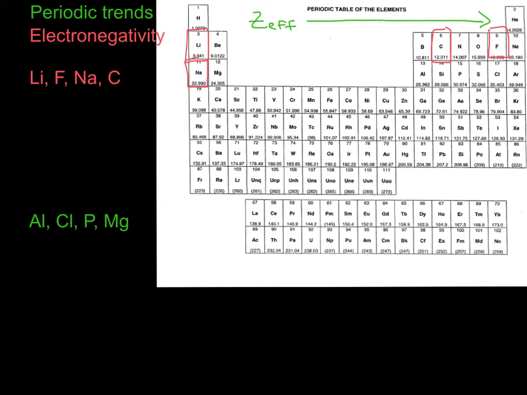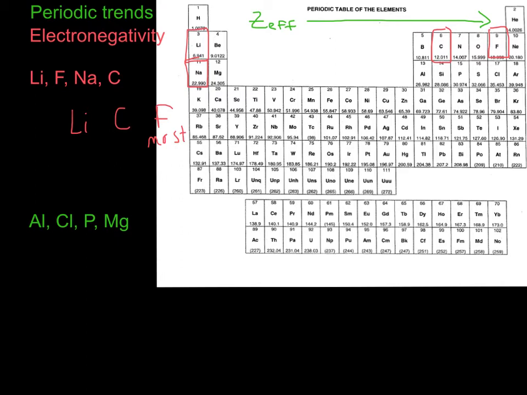All right, so if we rank these from lowest electronegativity to highest electronegativity, then we're going to rank them as lithium, out of these, just the ones in the second period, lithium, carbon, and fluorine. Okay, so this is most, and lithium so far is least.